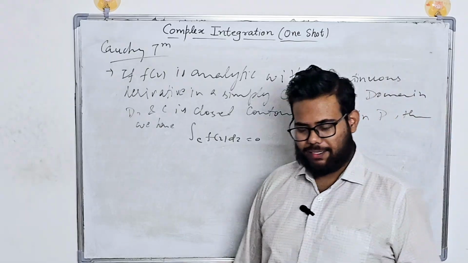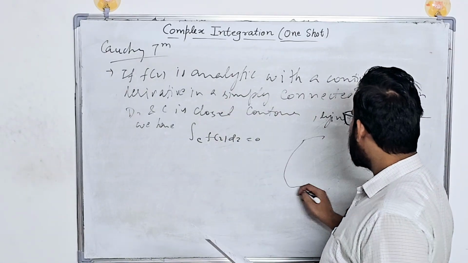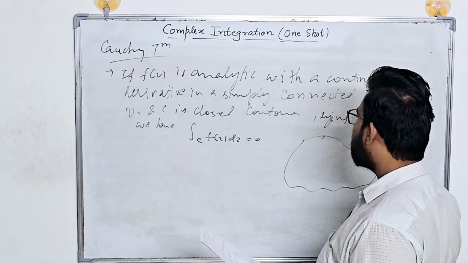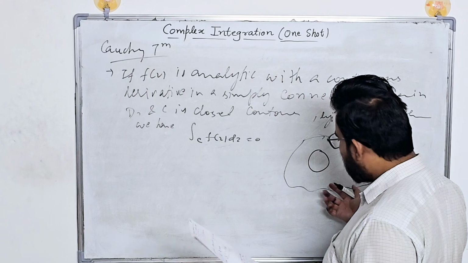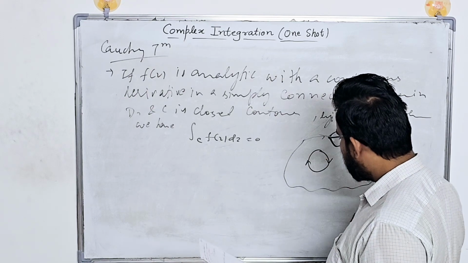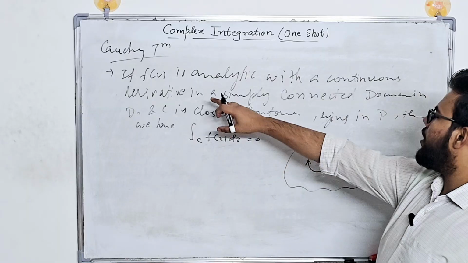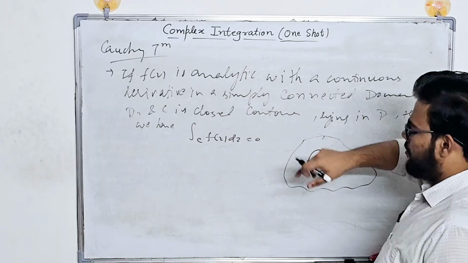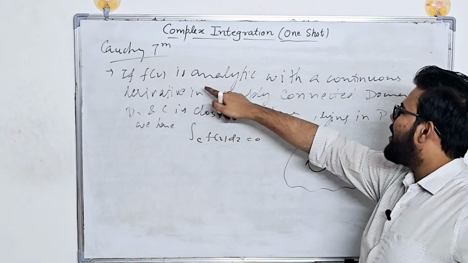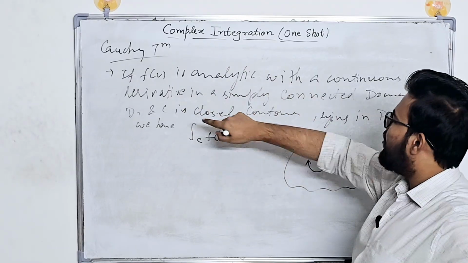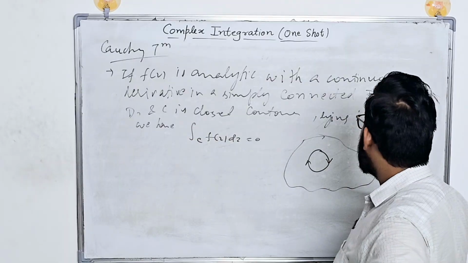Did you understand anything? Well, suppose this is the domain, and inside you have, suppose, a contour. So if f(z) is analytic with a continuous derivative in a simply connected domain D, and C is a closed contour lying in D, right?